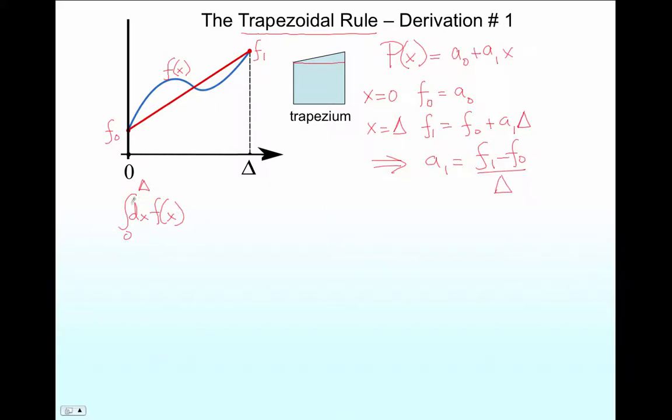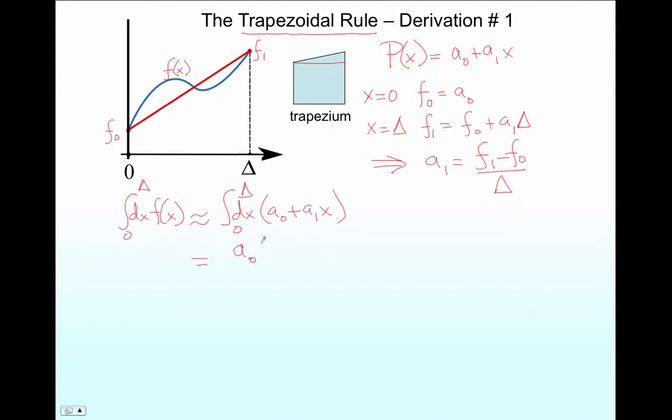Now let's come back to this integral, which we've decided is to be approximated by the integral of this straight line, that is the polynomial, so that this is a0 plus a1x. And now this has to be integrated, which is easily done.